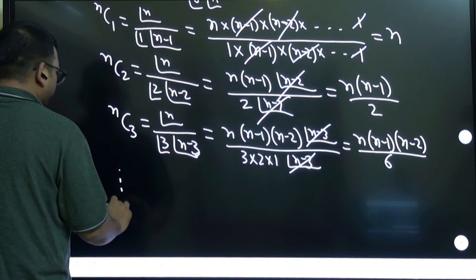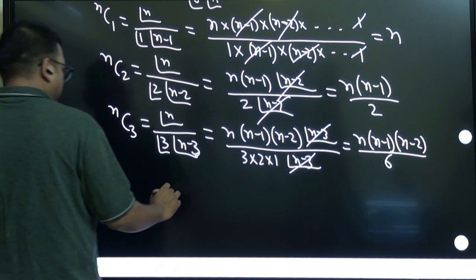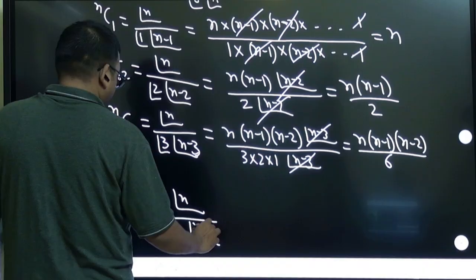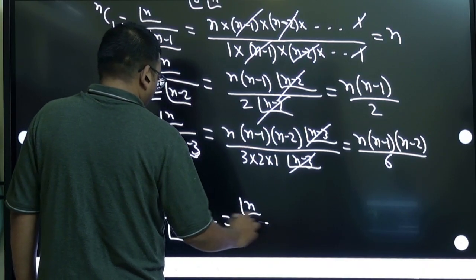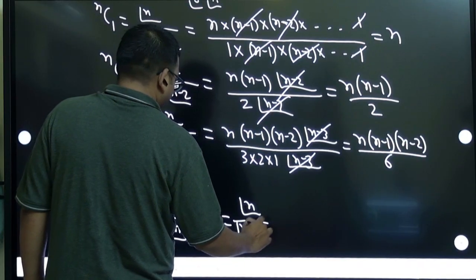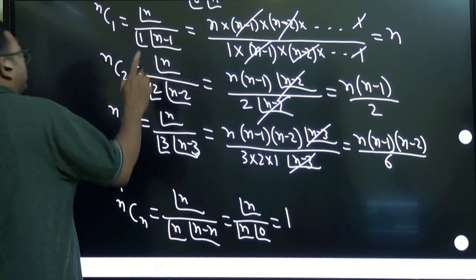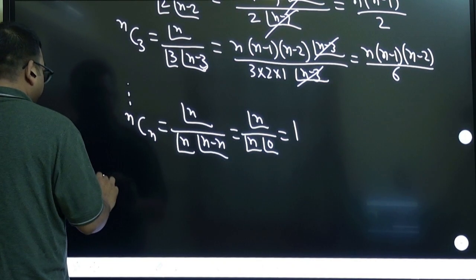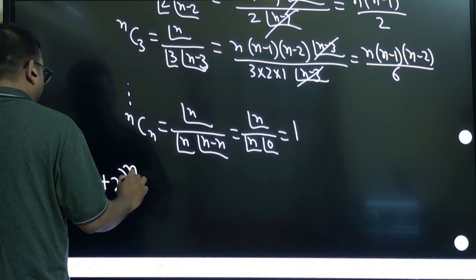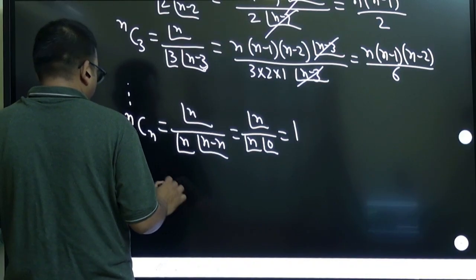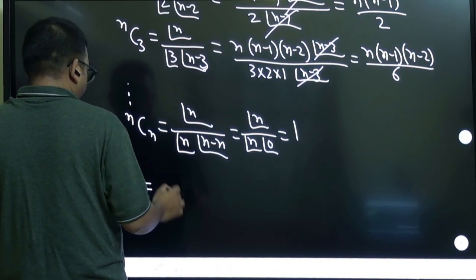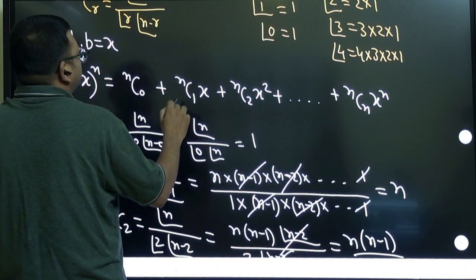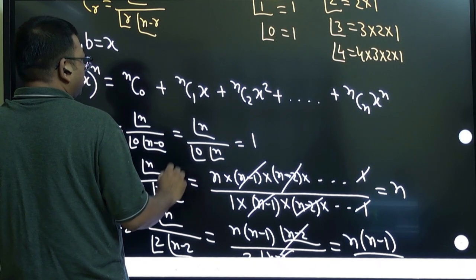For the last one, it will go to ncn. ncn is factorial n by factorial n by factorial n minus n. So this will be n factorial, and this is 0 factorial. So this will become 1. Now let us write that expansion in terms of these. So (1 plus x) power n can now be written as, what? Start with the first term. The first term is nc0. nc0 is 1.